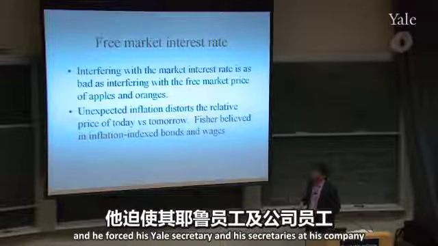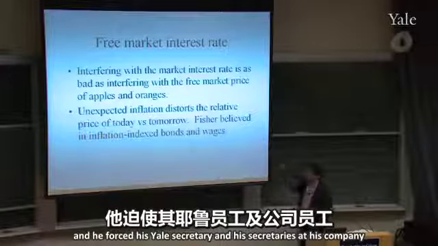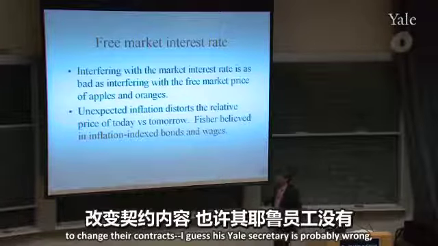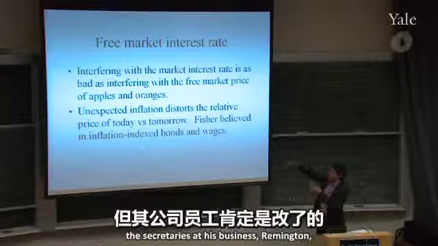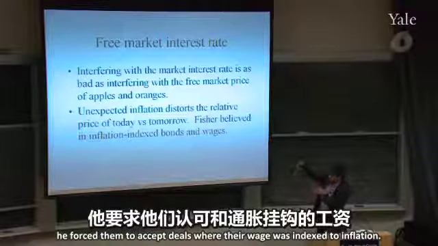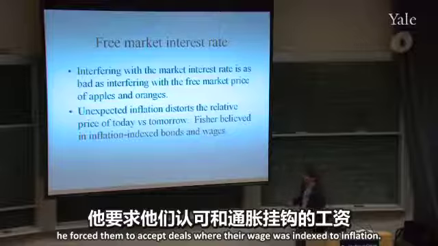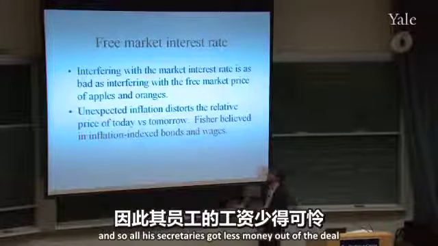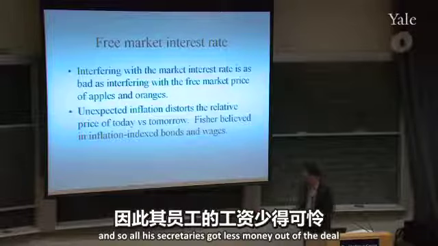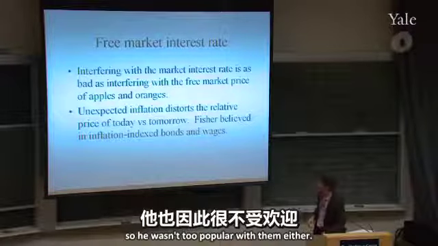He forced the secretaries at his business, Remington, to accept deals where their wage was indexed to inflation. And of course, the Great Depression happened and all the prices collapsed, and so all his secretaries got less money out of the deal, so he wasn't too popular with them either.